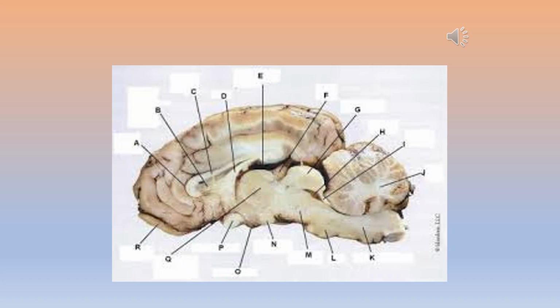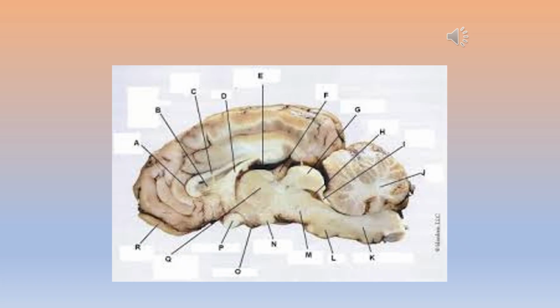Letter C is pointing to the corpus callosum. You shouldn't have a problem recognizing that. Those are the projection fibers that connect the left and right cerebral hemispheres. Okay, letter D, that is the floor of the lateral ventricle. We call that structure the fornix.